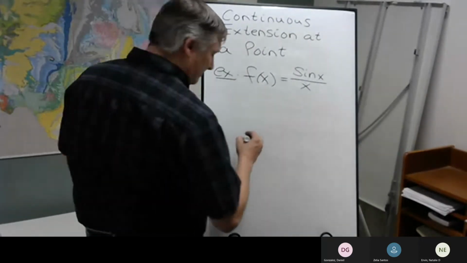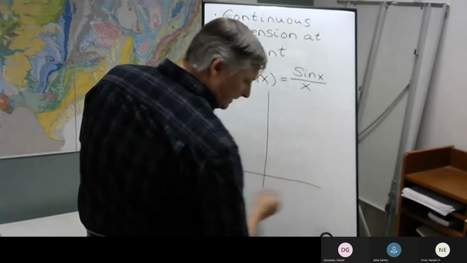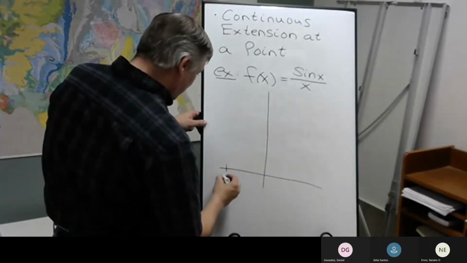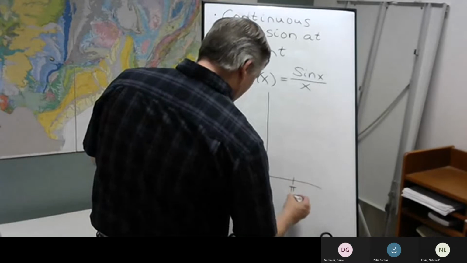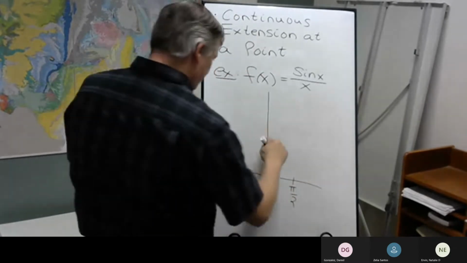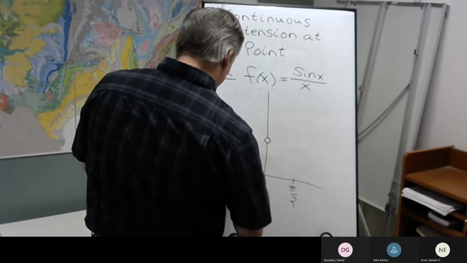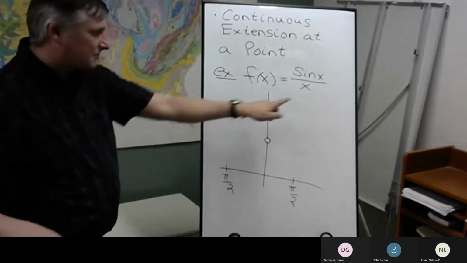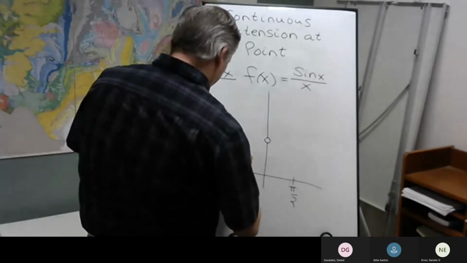Well, in this case, if we graph it, you can see the problem already. I'm just going to use the graph from the text. At 0, if x is 0, we're going to get division by 0. We're going to have problems.